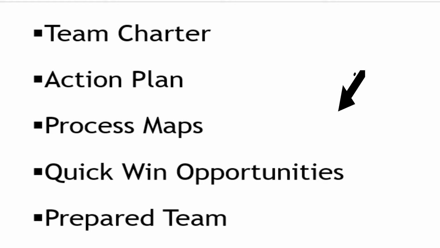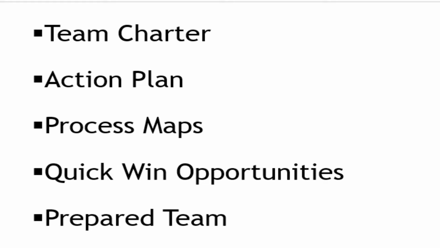Then the 4th deliverable is quick win opportunities, which is the identification of low-hanging fruits. So when you say low-hanging fruits, it means for which you do not need a statistical analysis or a management analysis, which you can see easily that this is the problem, and also you can see easily the solution for it, and it is just an implementation issue.